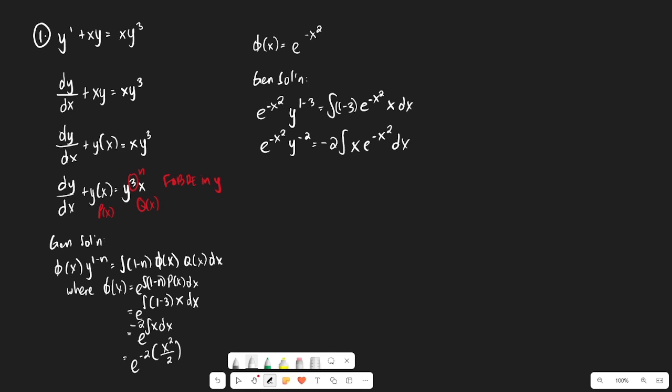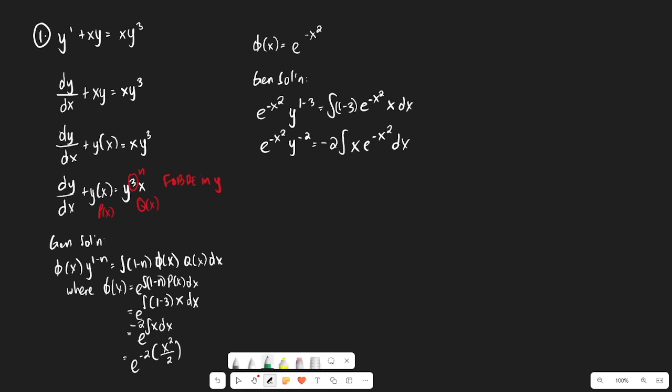Now we're going to have to be able to integrate this part right here. So how do we integrate that? We can actually use u substitution.